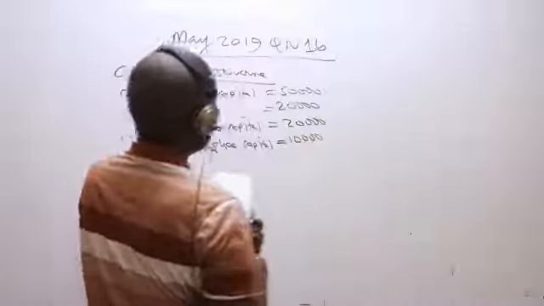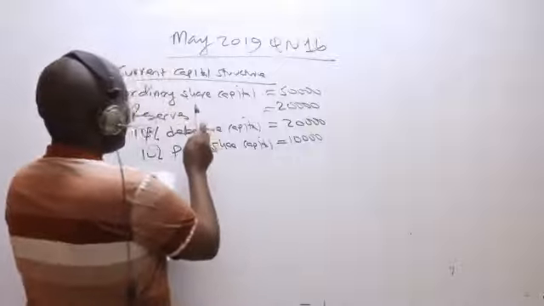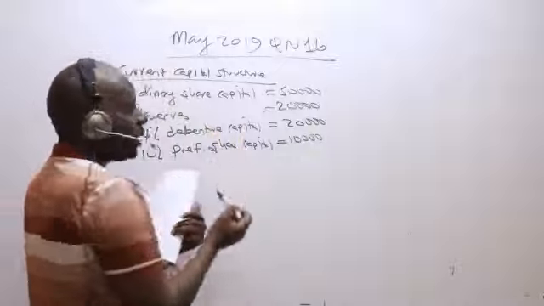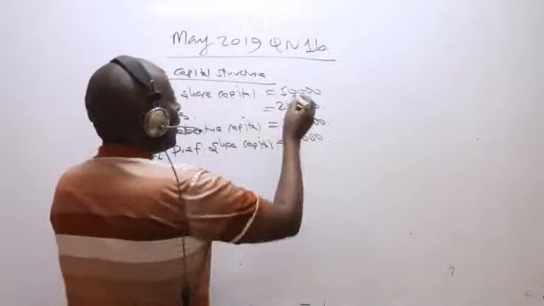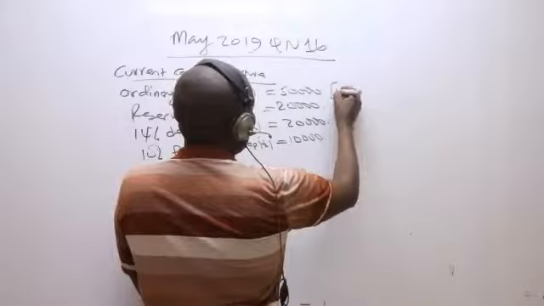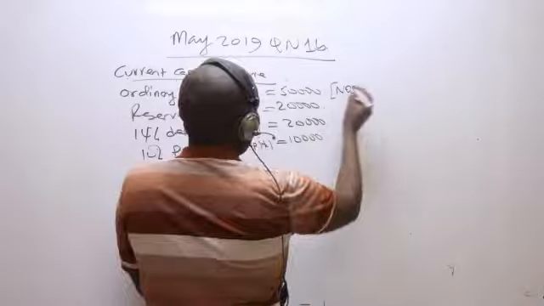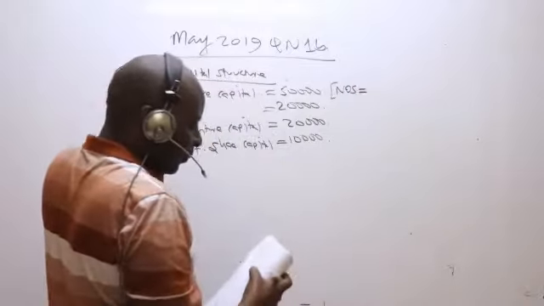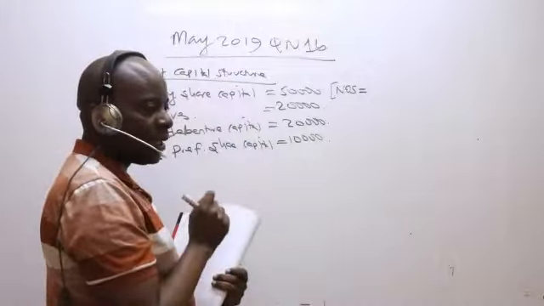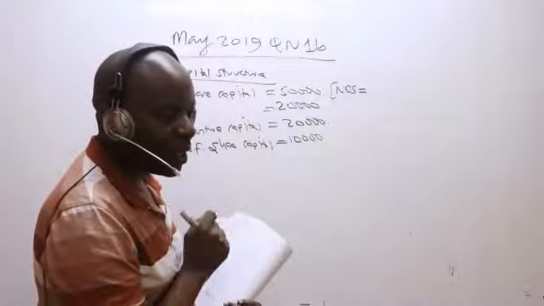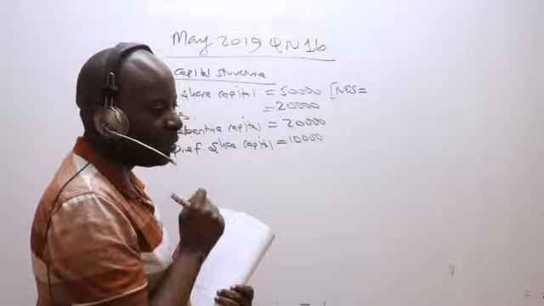Now, as a bright student, I know that whenever I see ordinary share capital, I will need the number of ordinary shares. So here I will calculate the number of ordinary shares. How do we get it? It's very easy.